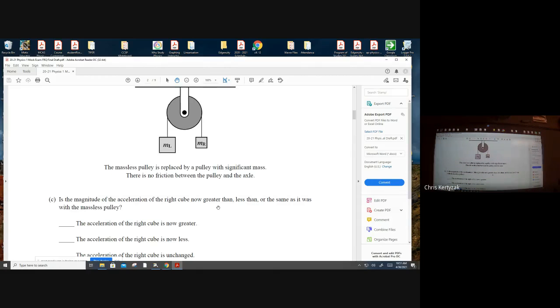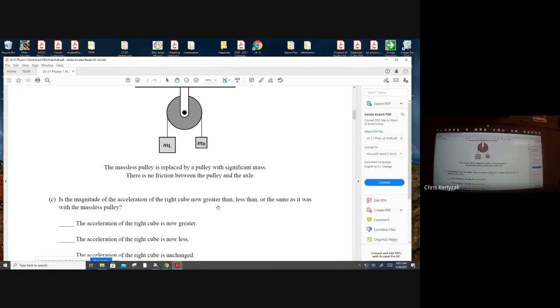So if the pulley is absorbing some of that energy, not necessarily a 50-50 split, but instead of it being distributed just to the two blocks, it's now distributed to the two blocks and the pulley, then that should slow down their speeds in general, because they're not getting as much kinetic energy as they used to. Some's going to the pulley. So the acceleration would have to be less, right?